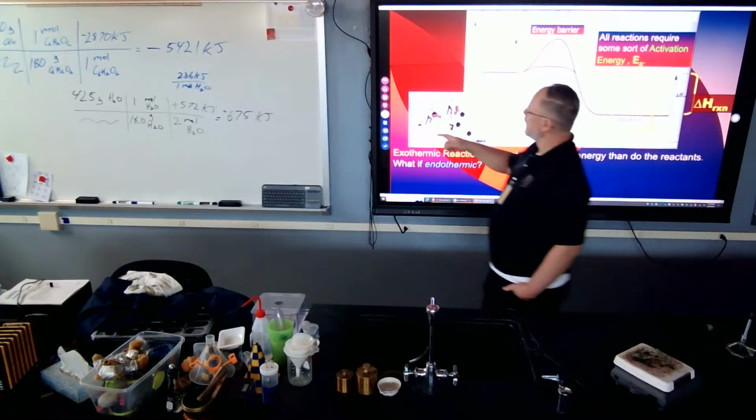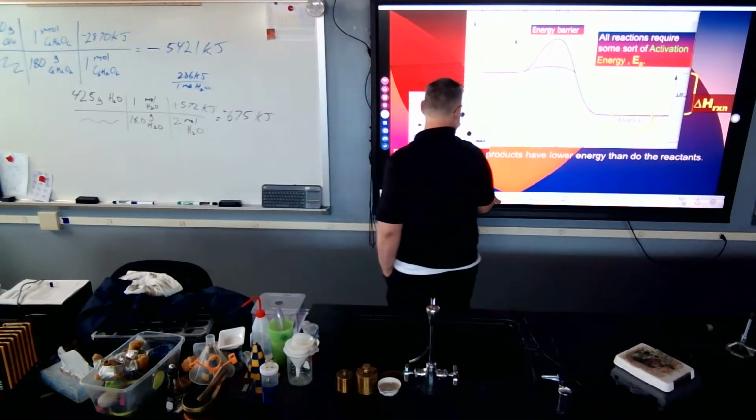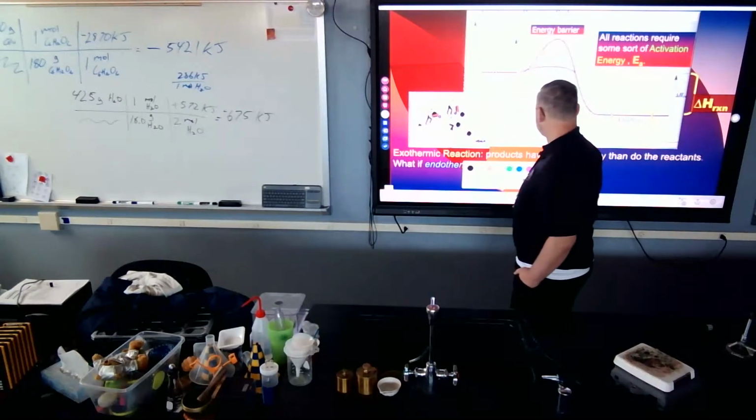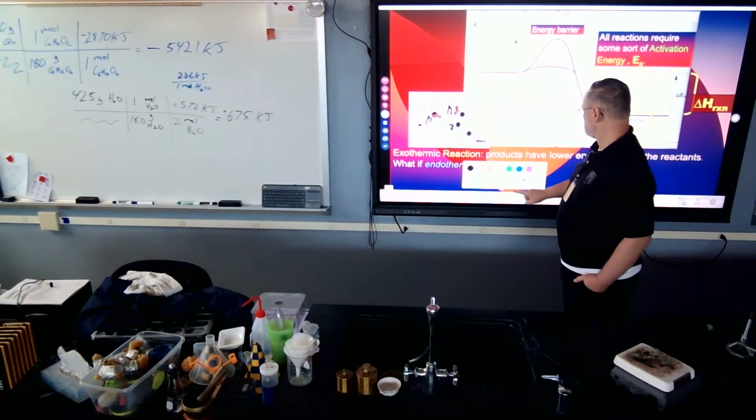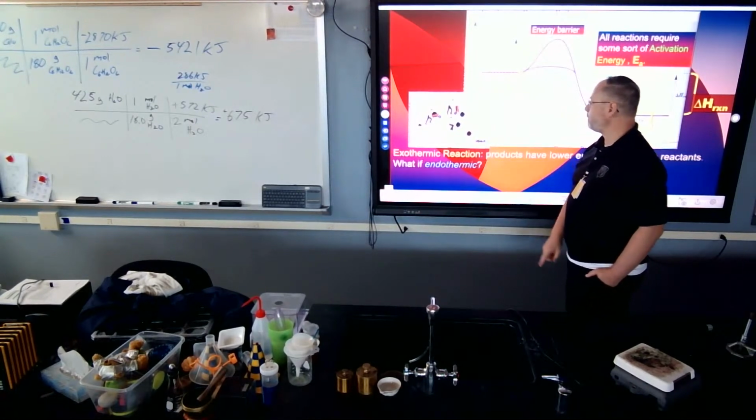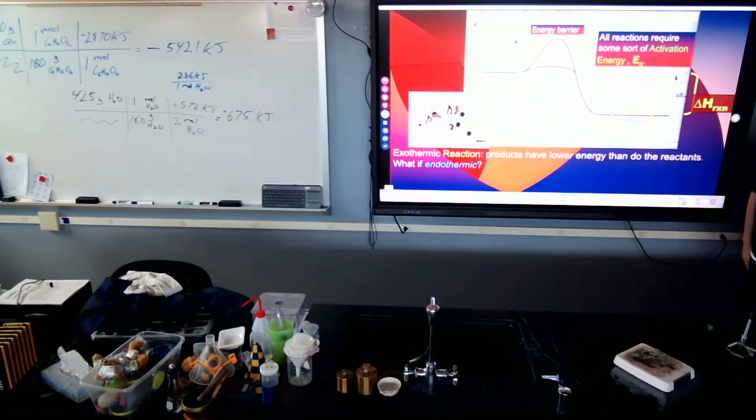Have you scribbled on your paper or on your neighbor what an endothermic process would look like? It would be like that, but flipped over. It'd be the opposite, because it has to gain energy. Yeah, pretty much. If you drew this backwards, that would be an endothermic process.